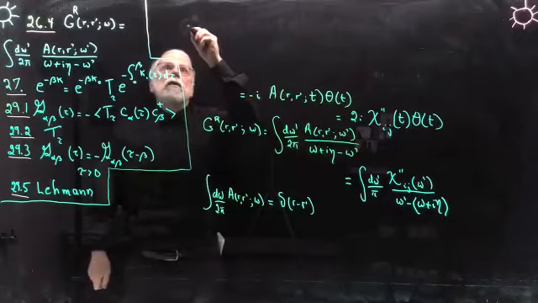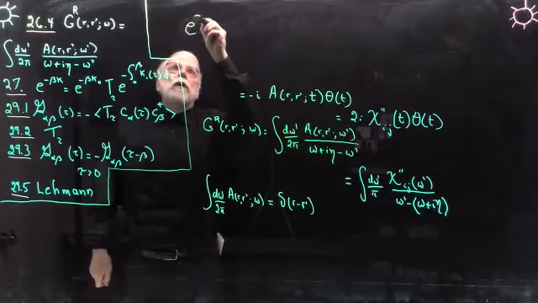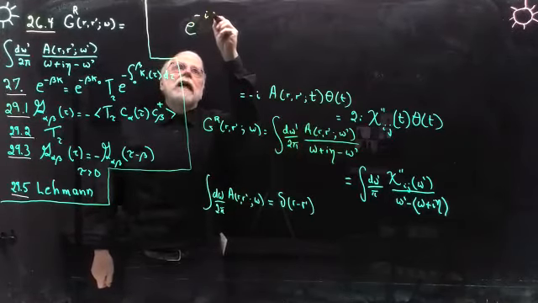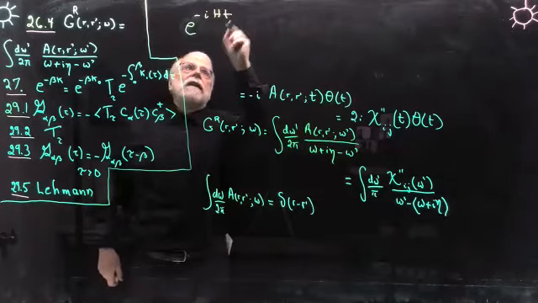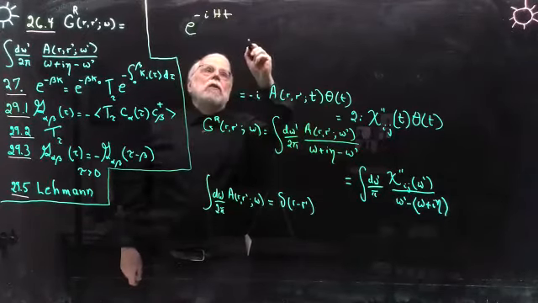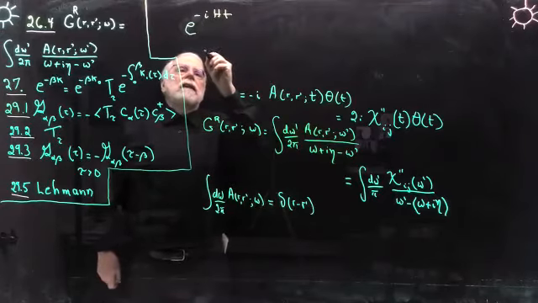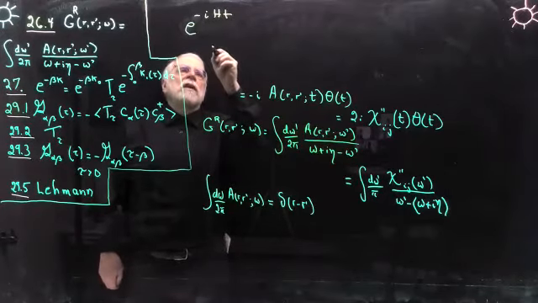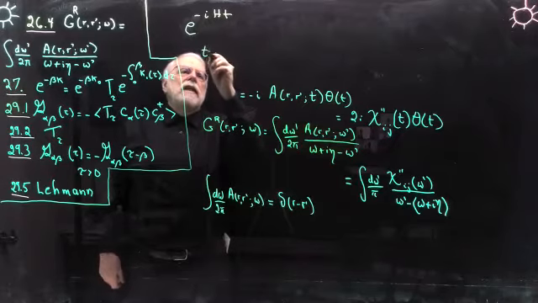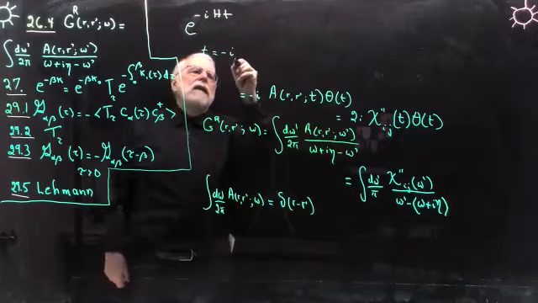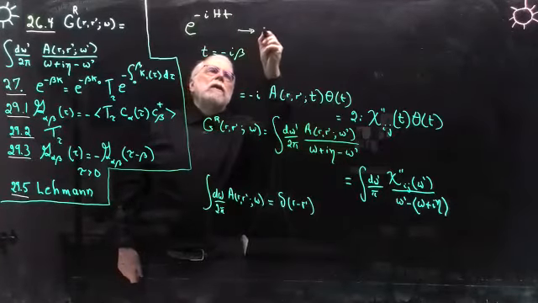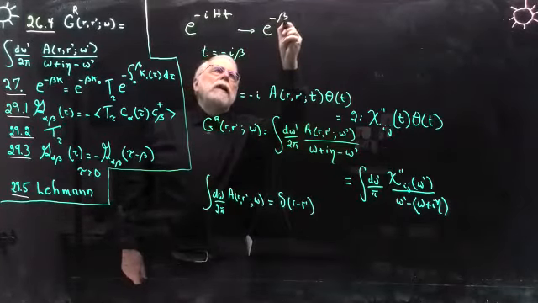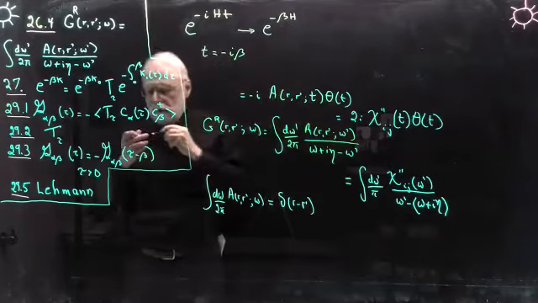So you see, if you look at the time evolution operator, it's e to the minus I h t. So if you set t equals to minus I beta, you see that this goes into e to the minus beta h, okay?